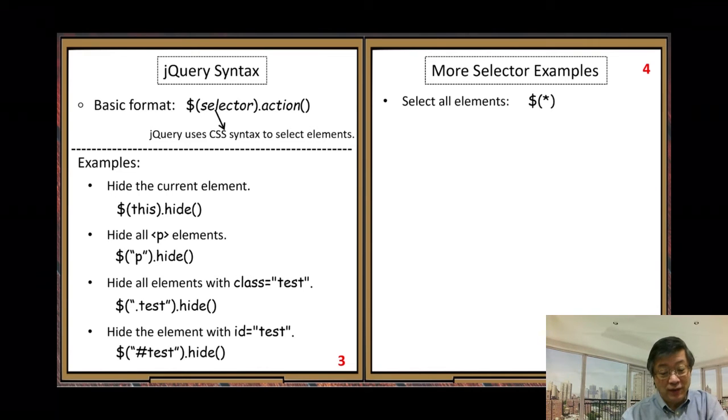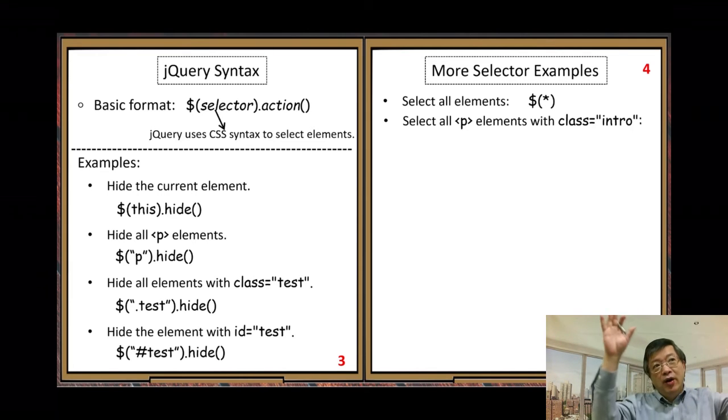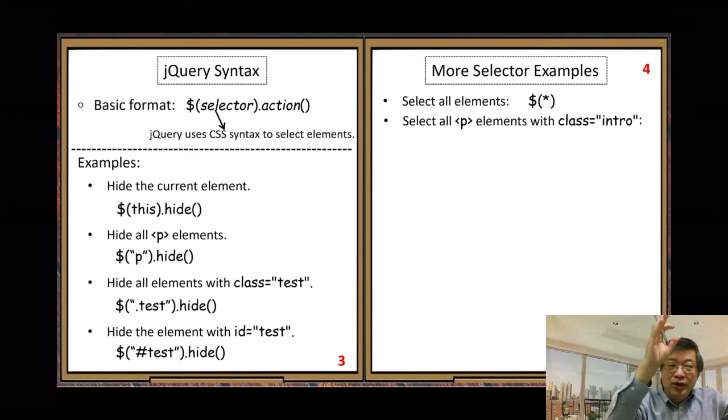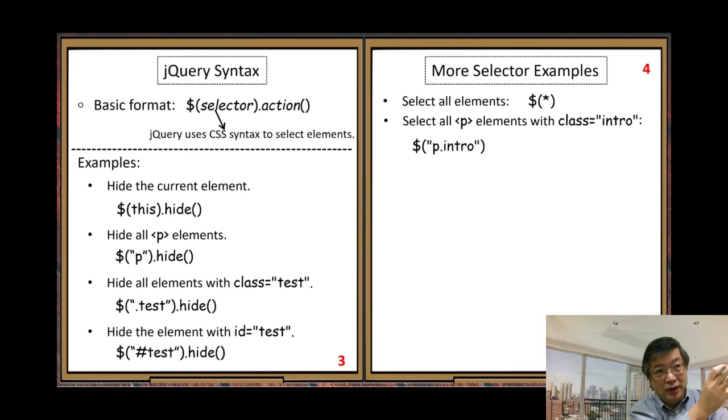Select all P elements with a class. For P elements, we want to add another condition part, the class condition part.